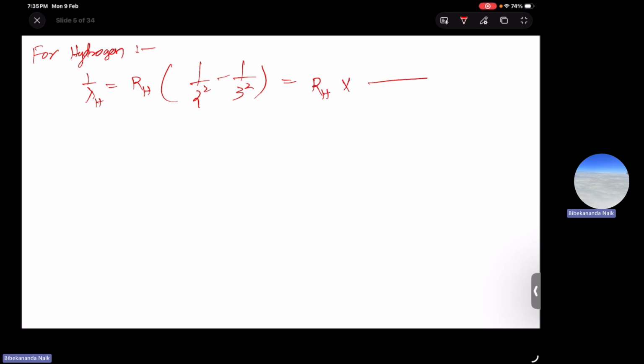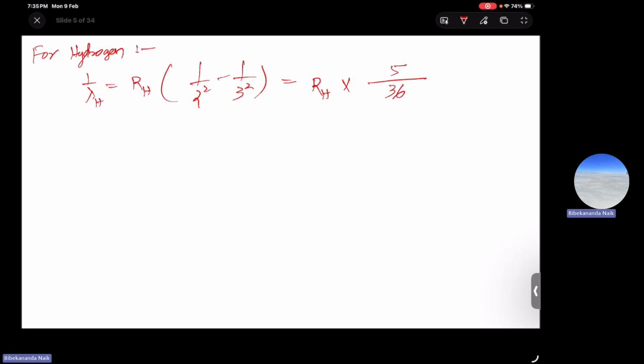So for hydrogen, 1 by lambda H will be R_H times (1 by 2 square minus 1 by 3 square), which is R_H into 5 by 36.